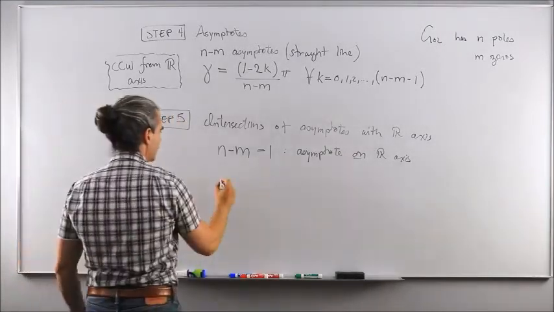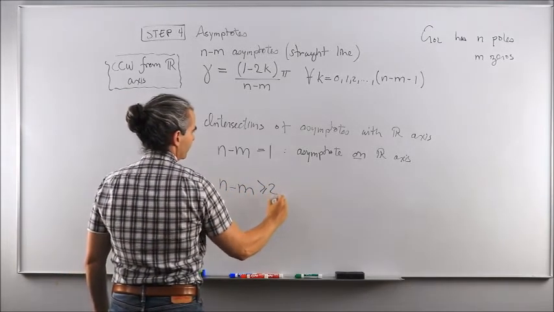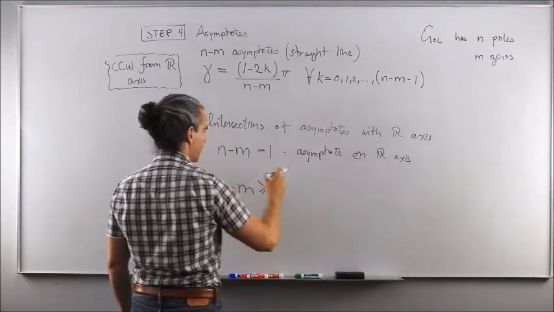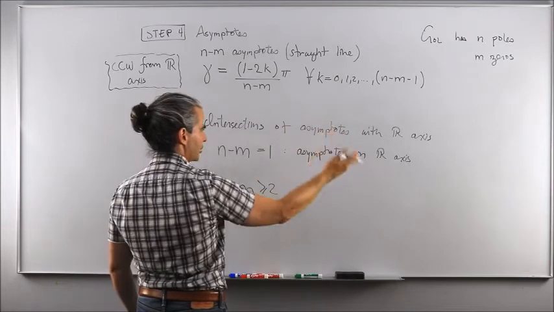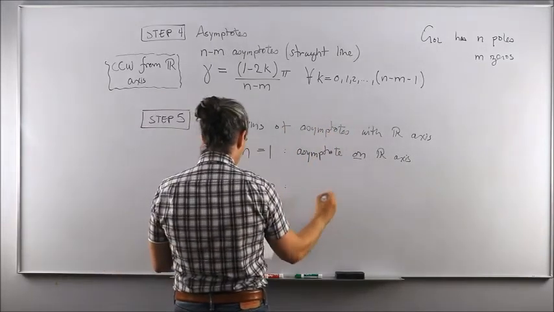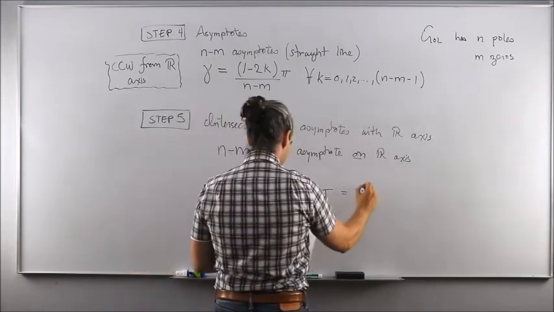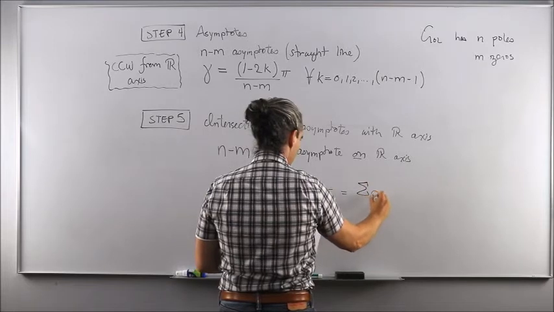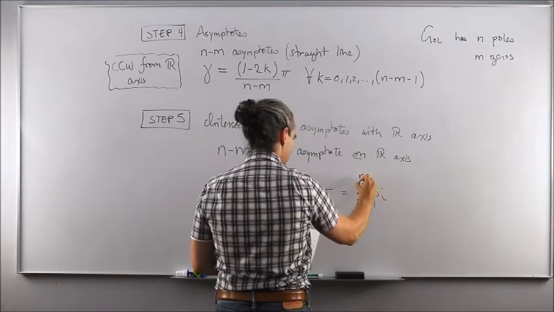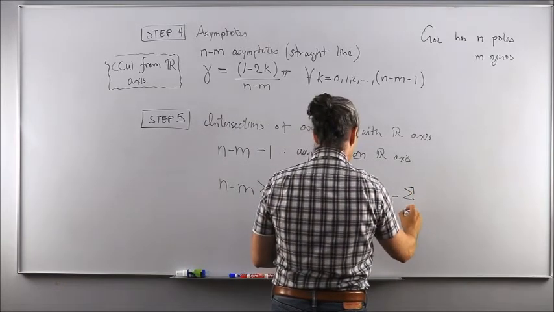But if you get 2 or more asymptotes, then it means that things will be symmetrical, and you can have one asymptote flying off at a direction in the real axis, in which case you need to calculate the intersection point denoted by sigma equal to the summation of all the poles from i equal 1 to n poles minus the summation of all the zeros.